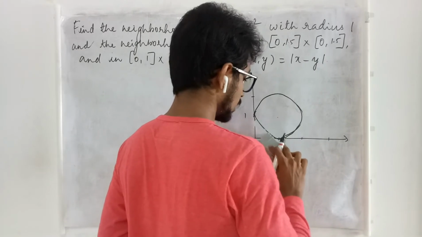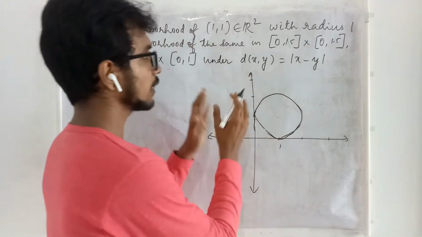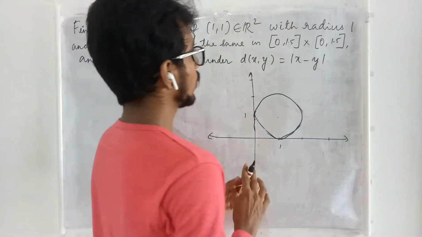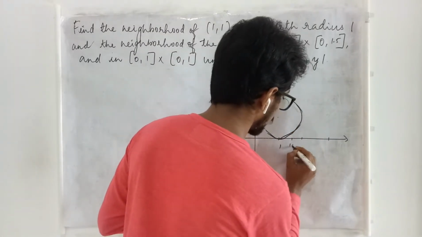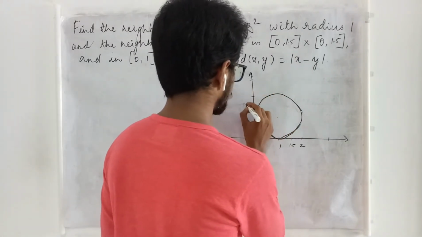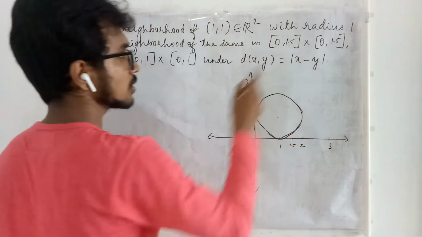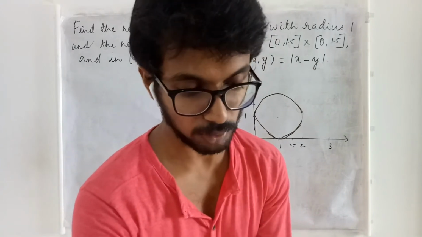So this is the neighborhood of the point (1, 1) with radius 1 when it is treated in the entire R2. Now when I restrict this to [0, 1.5] cross [0, 1.5], the 1.5 point is going to lie here, and the boundary included.